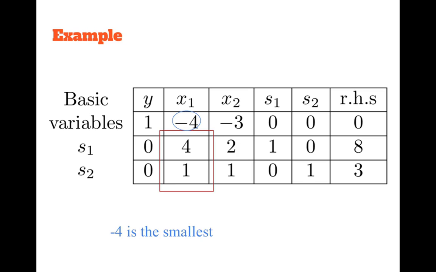And then we can see that minus 4 is the smallest negative number in the second row of the table, so x1 is chosen to be the entering variable.